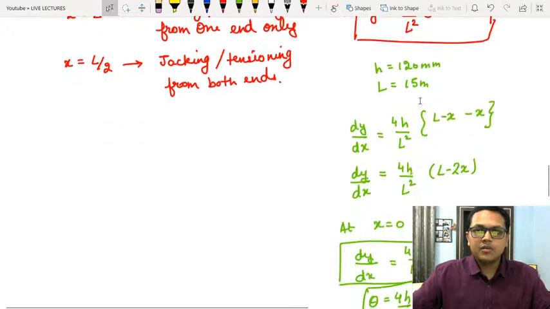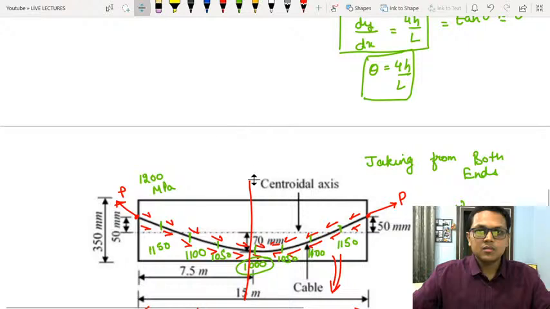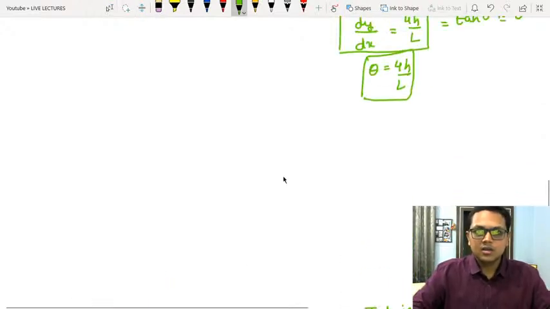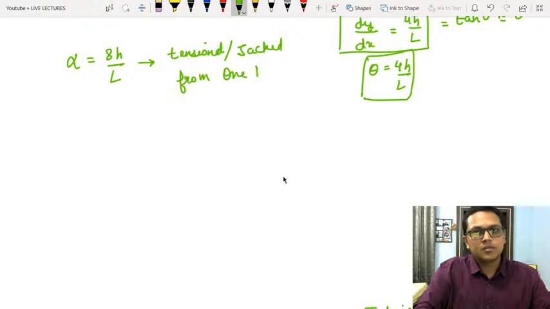So from here we got that alpha is equal to 8h by L when tensioned or jacked from one end only.